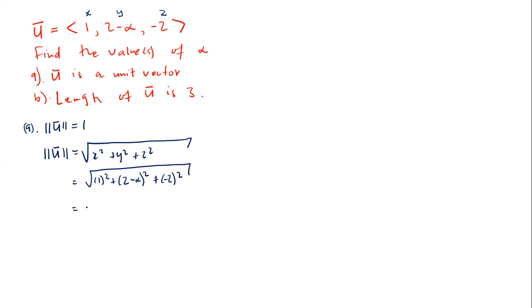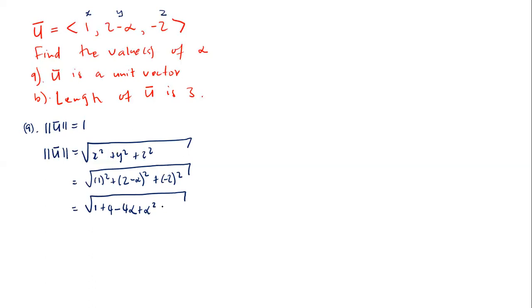As I continue to solve, 1 to the power of 2 is 1. 2 to the power of 2 is 4. 2 multiplied by alpha multiplied by 2 is -4 alpha, and (-alpha) to the power of 2 is positive alpha squared.